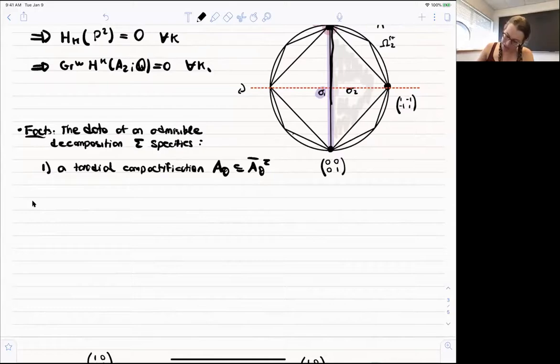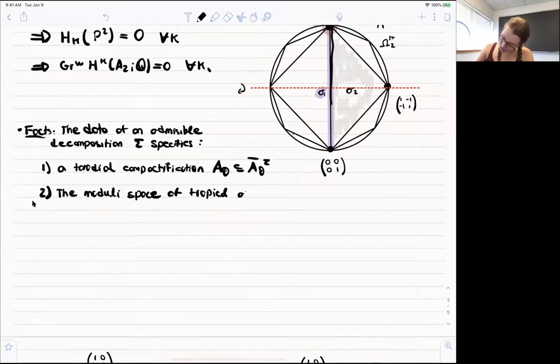And the second thing is that this data of an admissible decomposition specifies the moduli space of tropical abelian varieties.